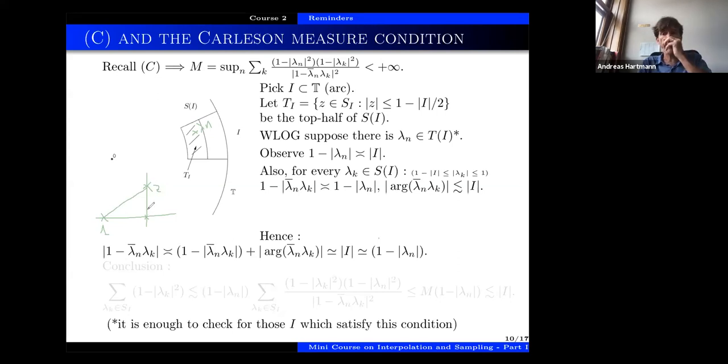It's essentially Pythagoras theorem, but since I take only 2 directions, all norms are comparable, so the one norm is also comparable. And this tells me that if this is Z, then 1 minus Z, this distance, is comparable to 1 minus this distance, which is exactly the argument, plus this distance, which is 1 minus the modulus of Z. And all pieces are now comparable more or less to 1 minus lambda, so I get this condition. Okay, this is a quite easy computation.